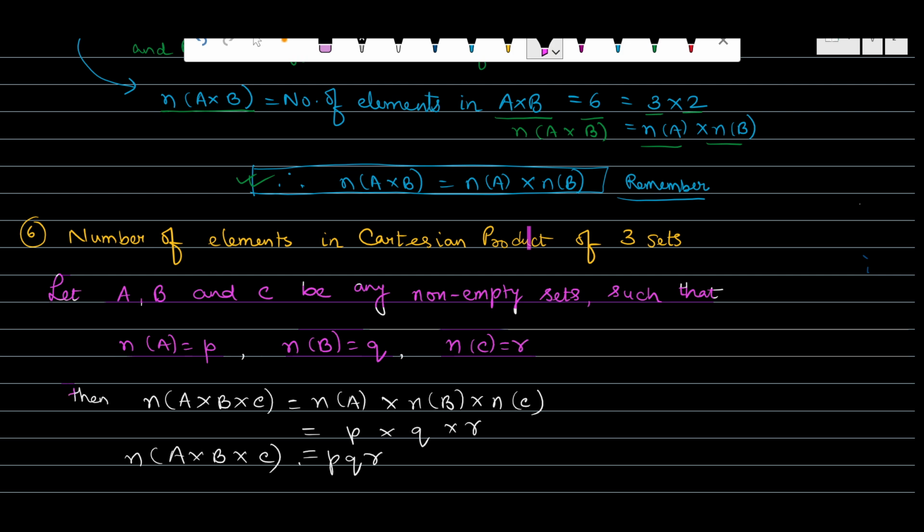Then cardinality of A cross B cross C equals cardinality of A, which is p, multiplied by cardinality of B, which is q, multiplied by cardinality of C, which is r. So the cardinality of A cross B cross C equals pqr.